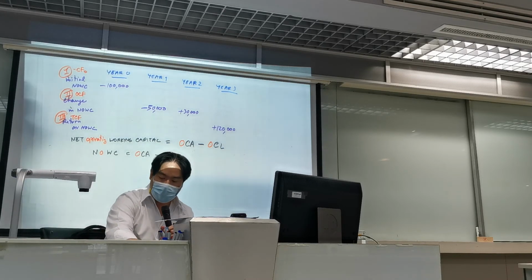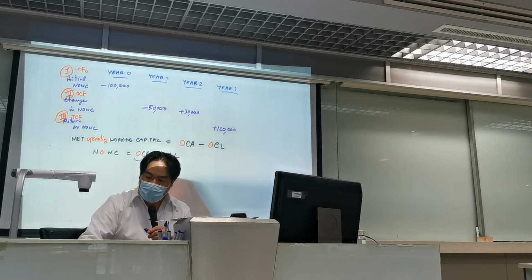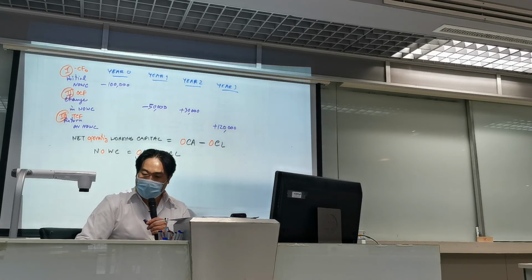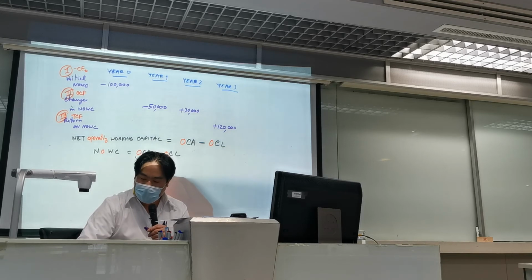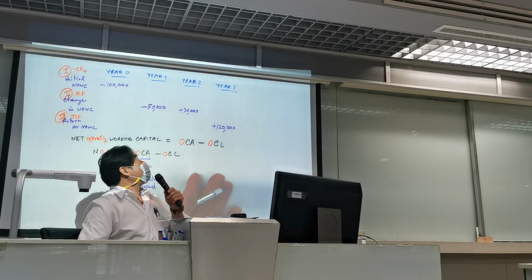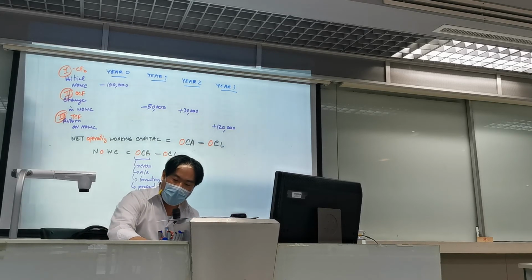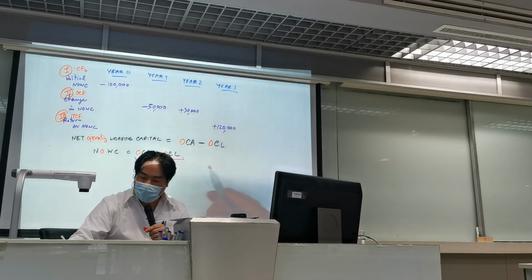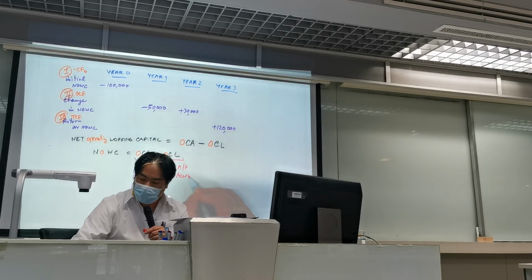So what are typical items in OCA? In any business, you need to have cash, accounts receivable, and inventory that relate to your operation. Sometimes you have some prepaid expenses as well. For operating current liabilities, what you have is like accounts payable, accruals, and deferred items.